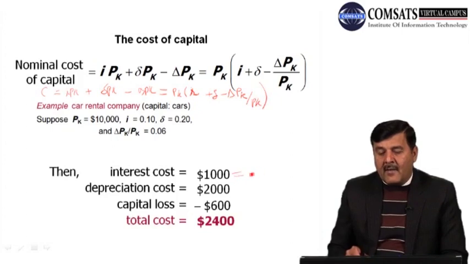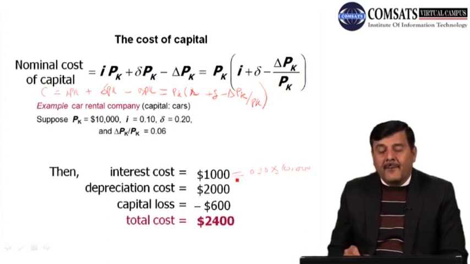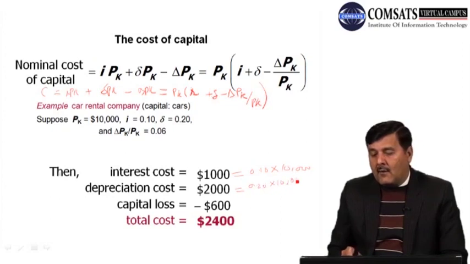Because we know that interest is 0.10. If we multiply with PK, which is the price of capital, this will become $1,000, and this is the depreciation cost, and the depreciation is how much? 0.20 into 10,000. This will become $2,000.